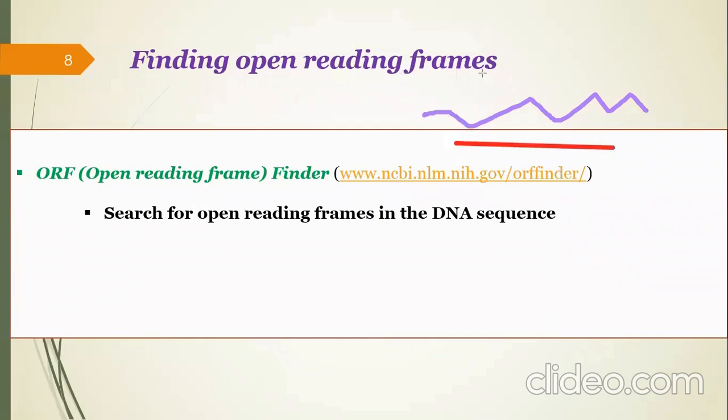So how could we know, and where could the open reading frame be? You know better than me what an open reading frame is, and the difference between an open reading frame and a CDS. We can find the open reading frame within the DNA sequence, and we have some online tools. This online tool is from the NCBI, and it is the Open Reading Frame Finder.